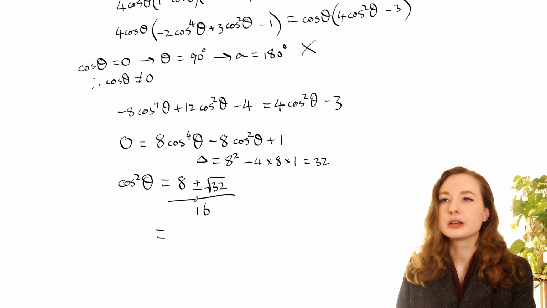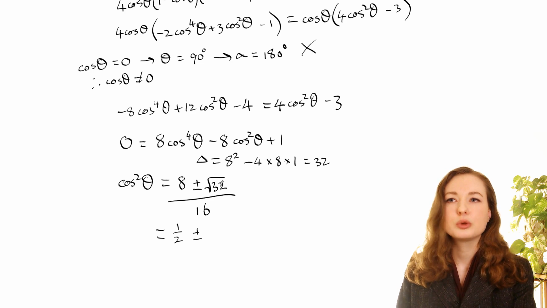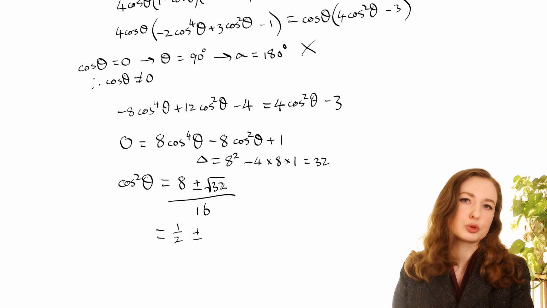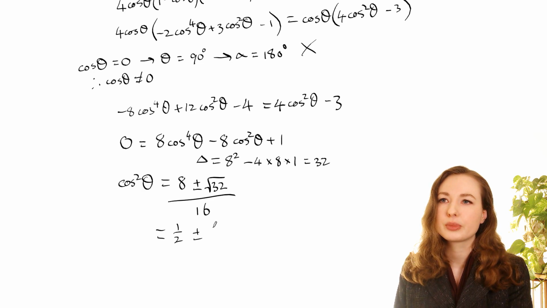And then let's simplify this a bit. Let's do 8 over 16 as a half, and then plus or minus. If we think of the 32 as 16 times 2, then you'll have root 16 times root 2, so 4 root 2. And then 4 root 2 over 16 is root 2 over 4.